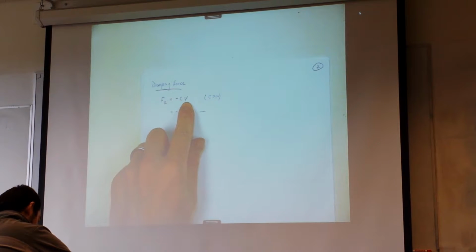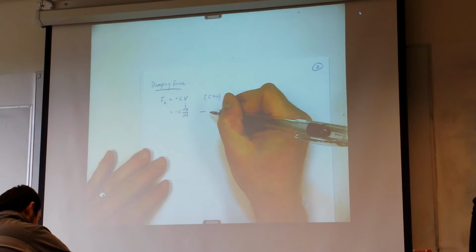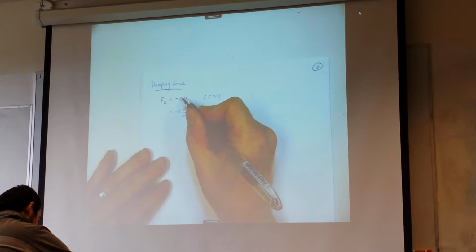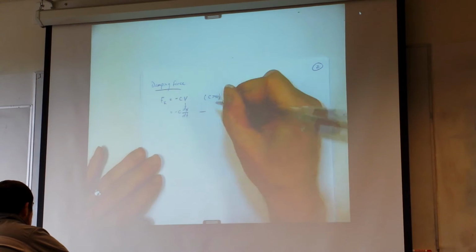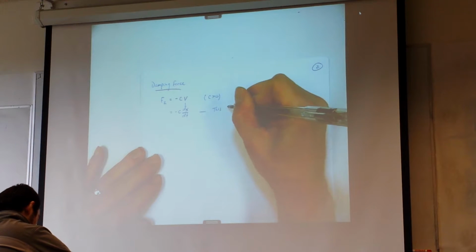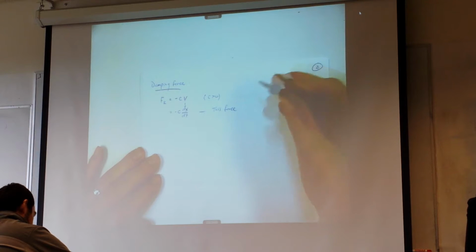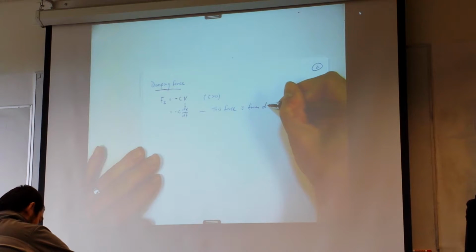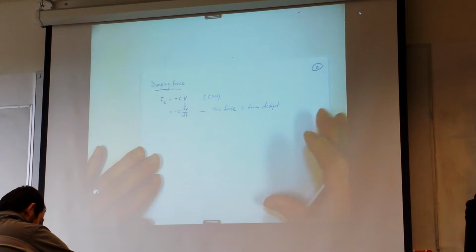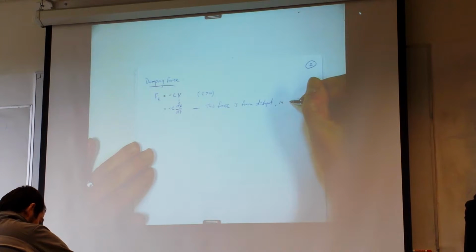Yeah. So they're just forces from different things. And this one is just like wind resistance. It's proportional to the velocity. Yep. All right. So this force right here is the one from the dash pot, not the spring itself. And it's, again, in the direction opposite the motion of the mass.